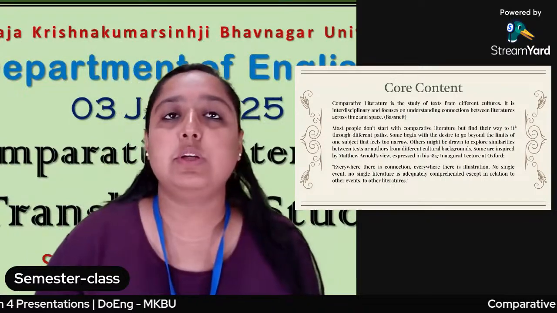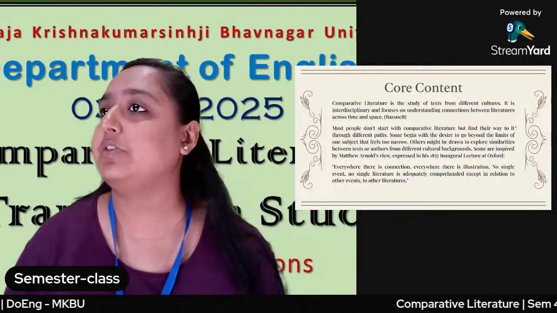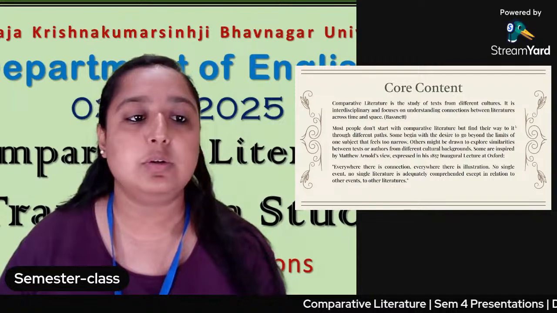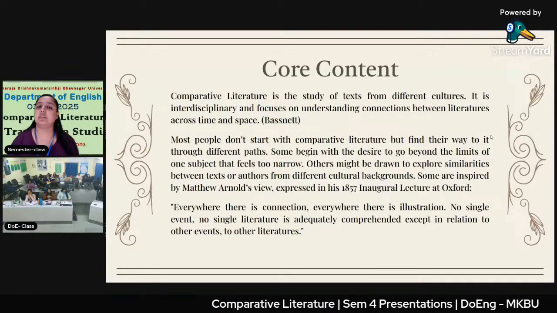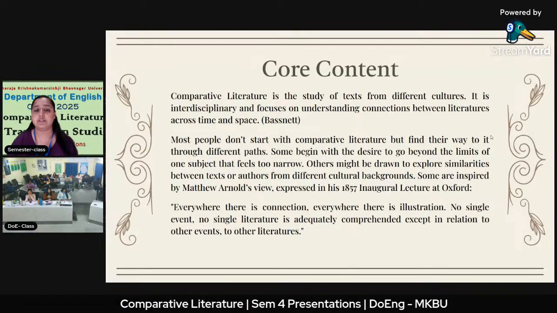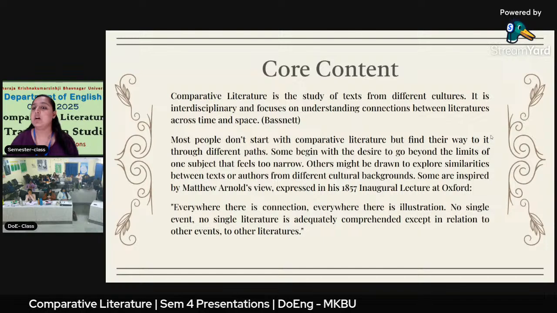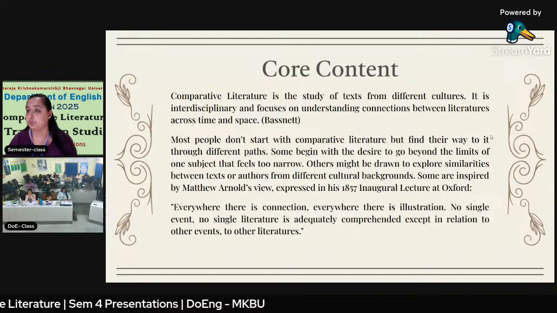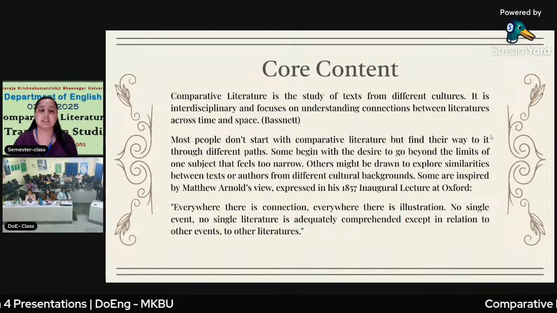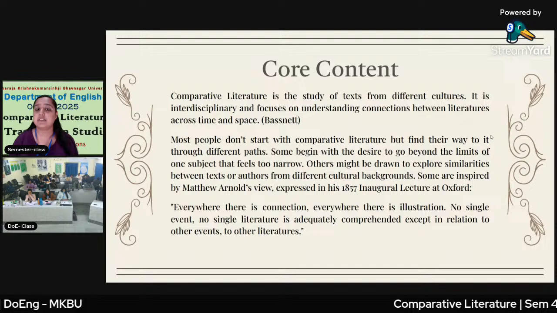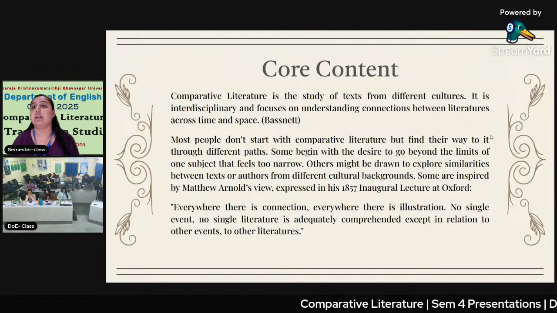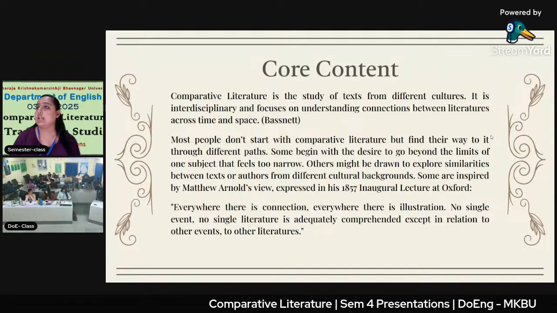As we know how comparative literature works, basically comparative literature, according to Bassnett, is the study of texts from different cultures and different views. It is an interdisciplinary focus and understanding of the connections between literatures across time and space.